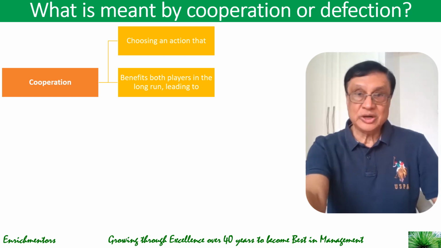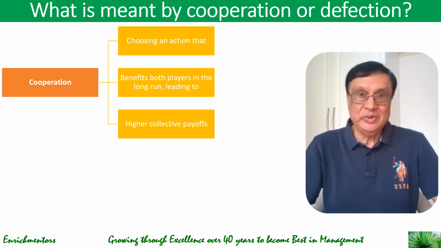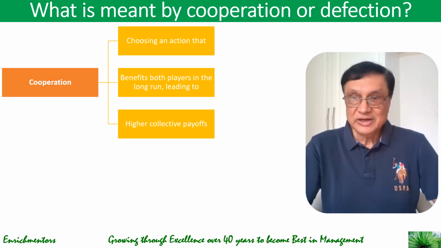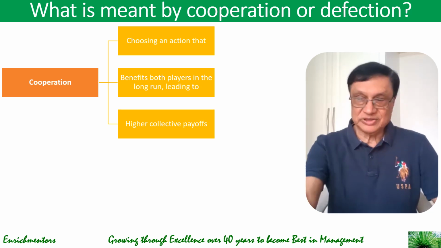You are doing something that benefits both players and leads to a higher collective payoff. It's a win-win situation. For example, in the prisoner's dilemma, cooperation might mean both players choosing not to betray each other, resulting in a moderate mutually beneficial outcome. So that's what cooperation means.